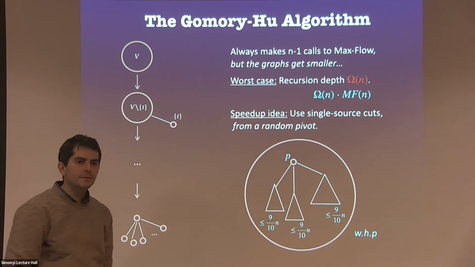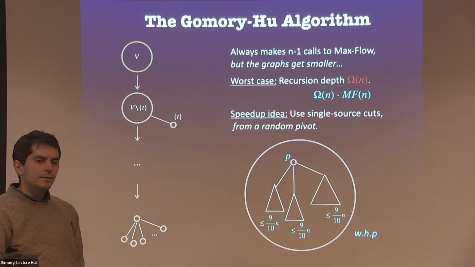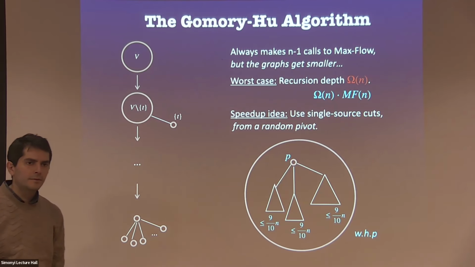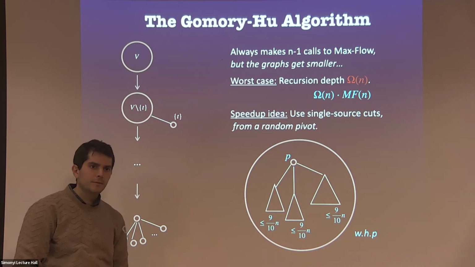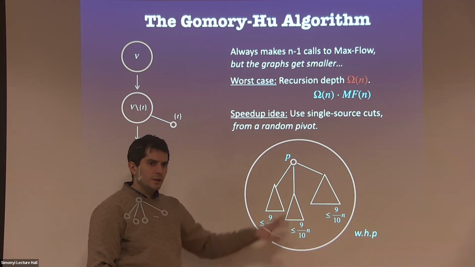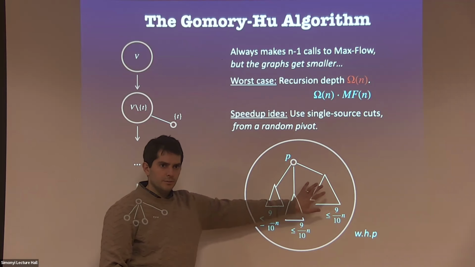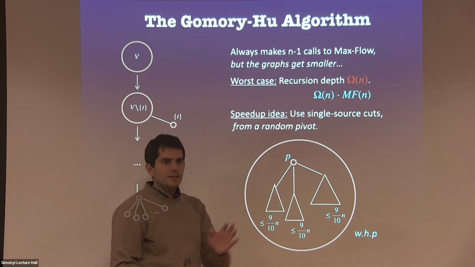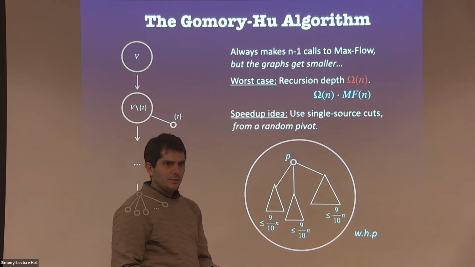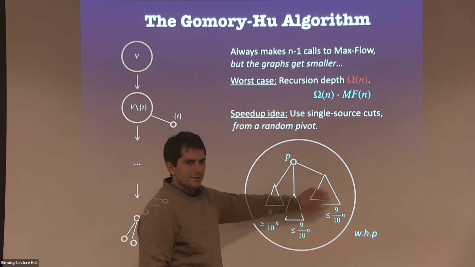Can you say something about the reduction? If you have these single source cuts, how do you go from one node to the outcome of your single source cut? What are the 3 parts? We would like this to be the output of the algorithm. So I see, I didn't define the single source min cut problem properly, but for the purpose of the talk, just assume you get these.